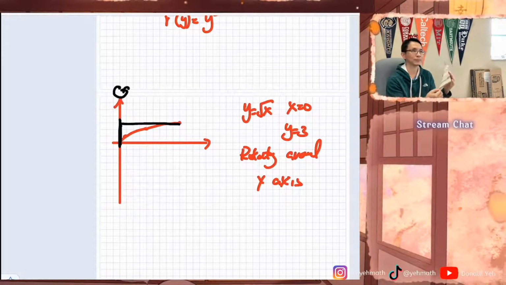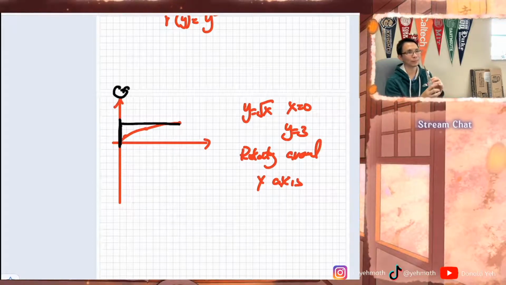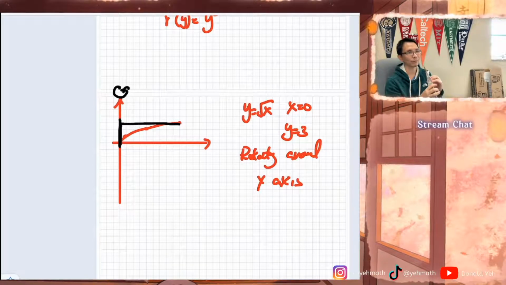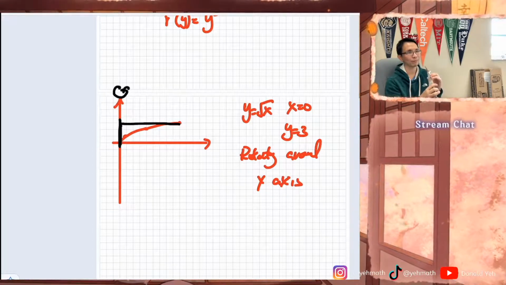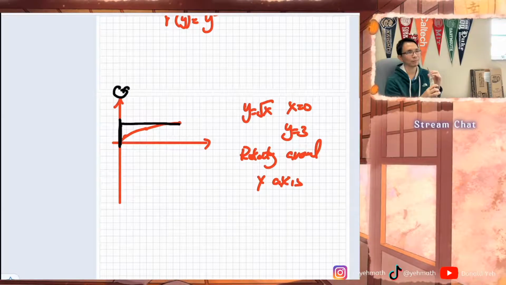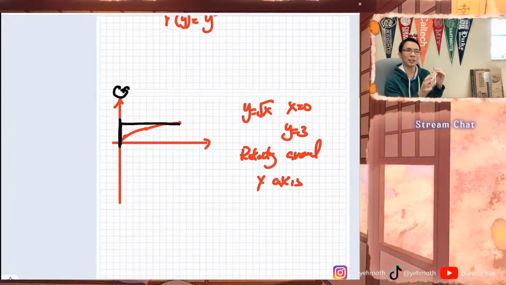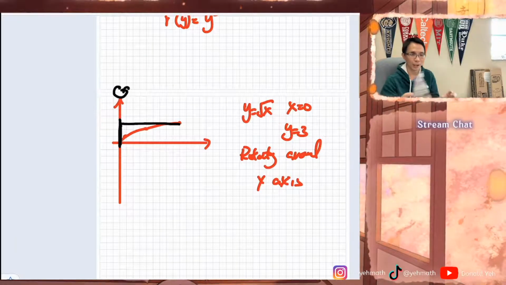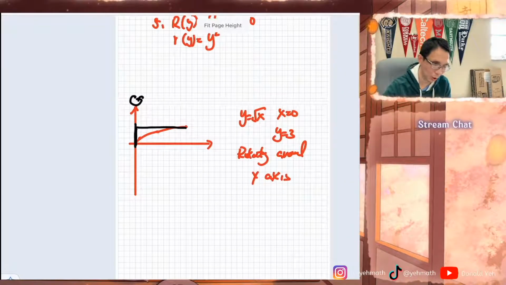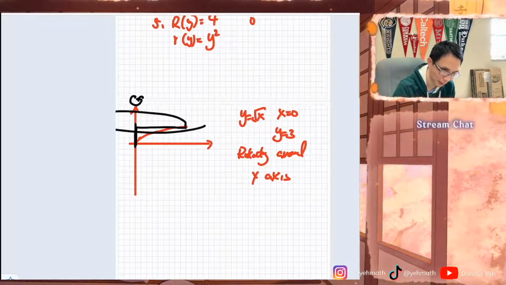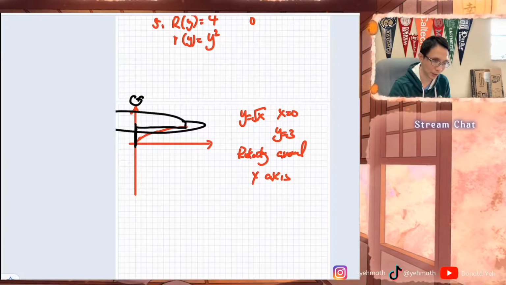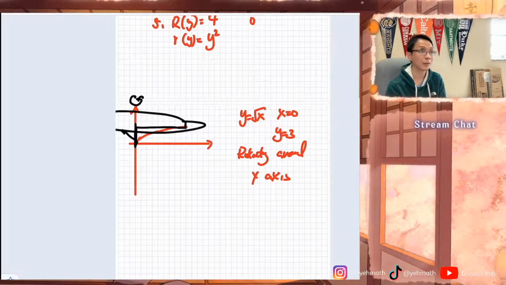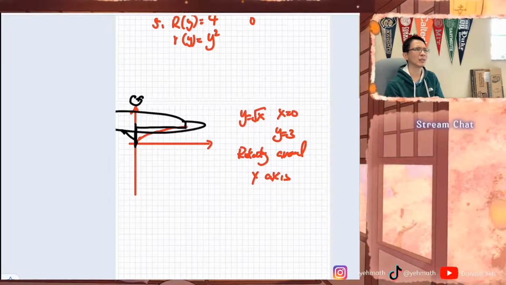Do you just think, when y equals 3, what does x equal? No, I think about rotations. If worst comes to worst, I can always draw it. It's going to look something like this. The boundary is there.